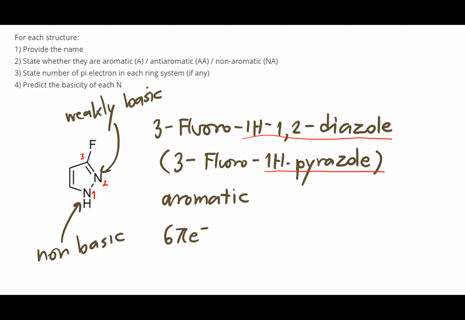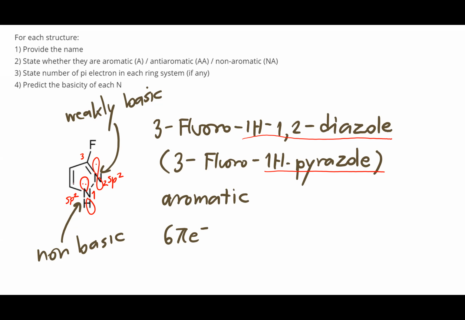In the exam, there won't be any naming, just as your information. And this compound is aromatic because this nitrogen has a lone pair in the p orbital. So this is sp2 hybridized. This is sp2 hybridized, but it gives only 1 electron in the aromatic system.